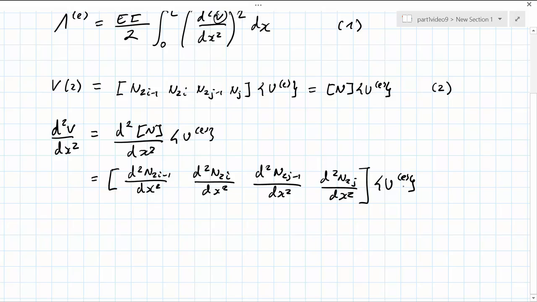We differentiate the shape functions N with respect to x and not ue because ue is not a function of x, whereas as we showed before, the shape functions are functions of x.